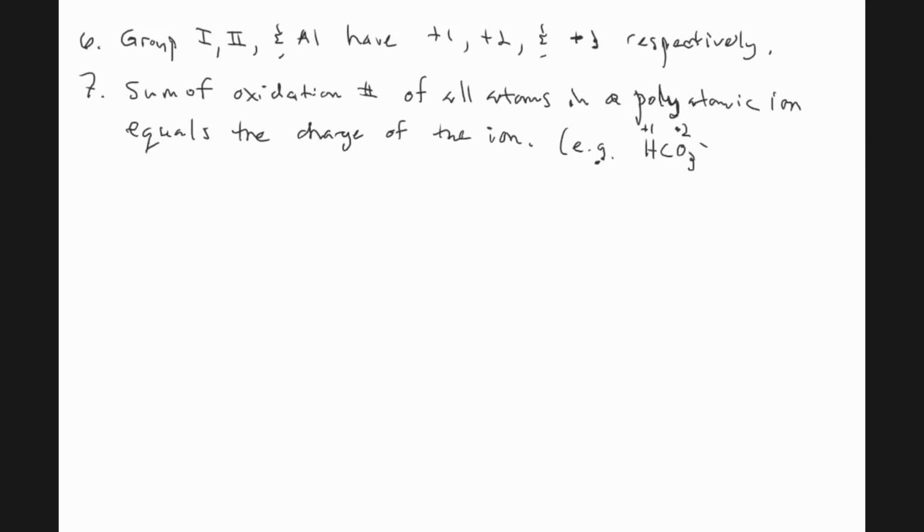And then that means carbon is +4. Okay, so 4 + 1 is 5. There's 3 oxygens, that's -2 times that, so it's -6. So -6 + 5 gives me a -1 overall charge for that bicarbonate. So the sum of oxidation numbers of all atoms in a polyatomic ion equals the charge of the ion.